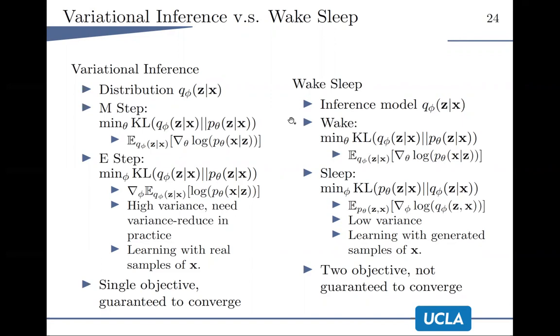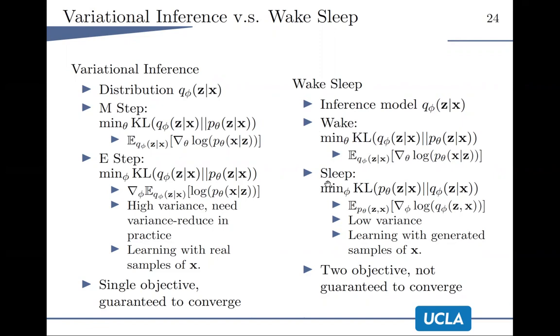I think part of the goal of this deep generative model course is to find some correlations and differences between very similar models, and try to unify those different ideas.